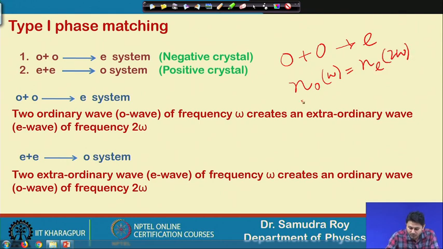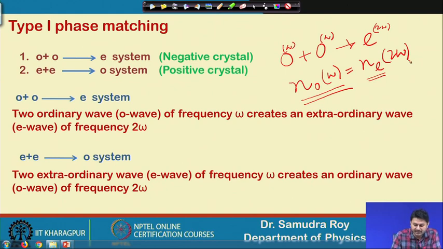NO of omega means ordinary waves at the fundamental frequency. These ordinary waves at the fundamental frequency are generating extraordinary waves, because of the combination of two ordinary waves in this process.